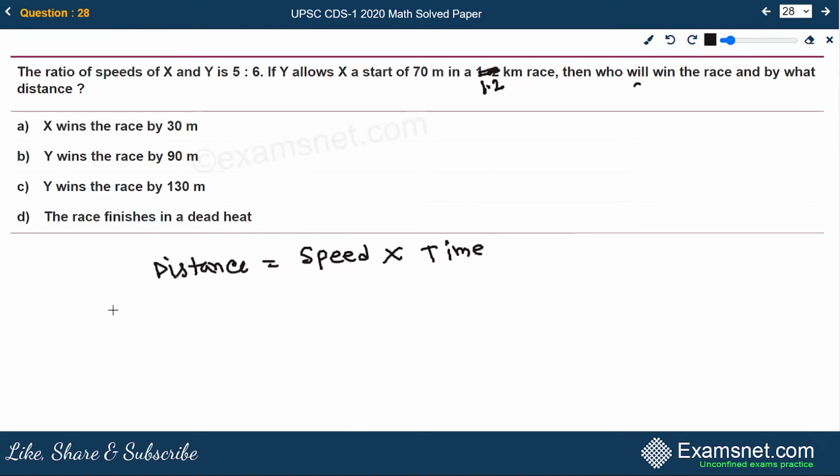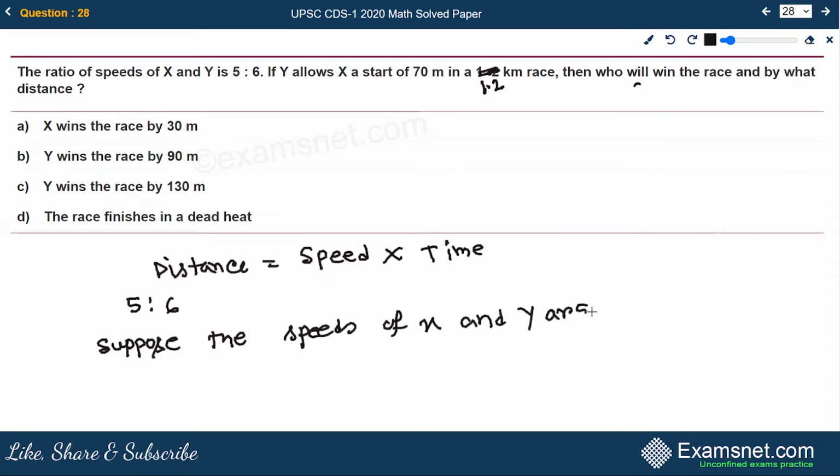Now since the ratio of speed is 5:6, we can assume the speeds of X and Y are 50 meters per second and 60 meters per second respectively.